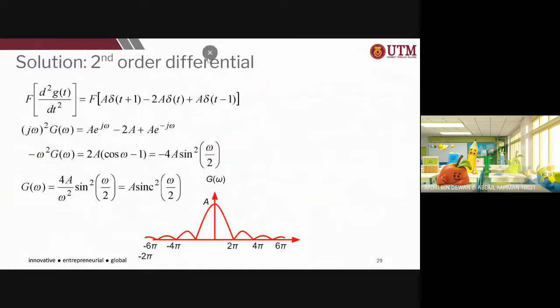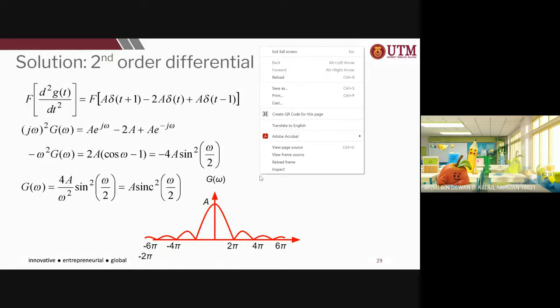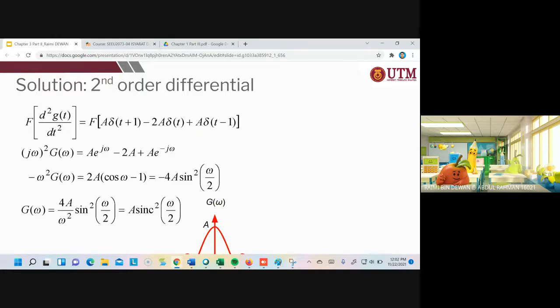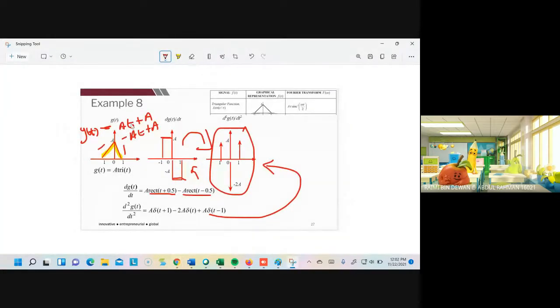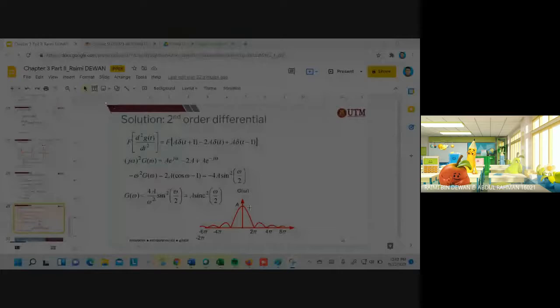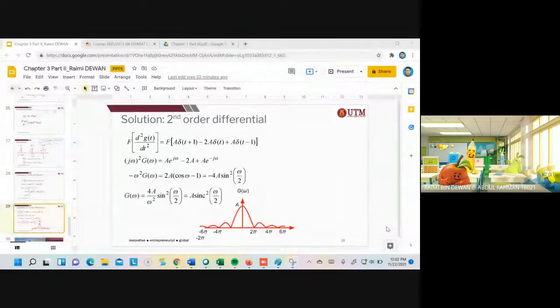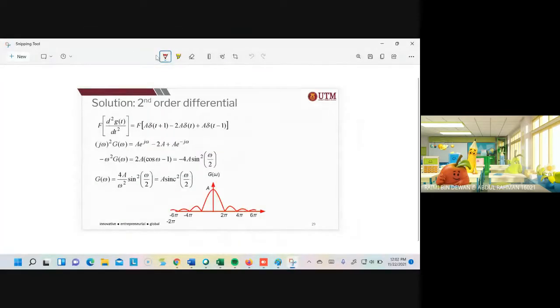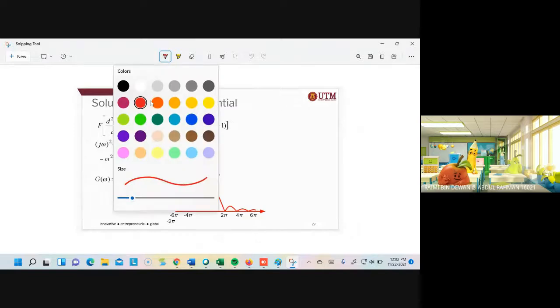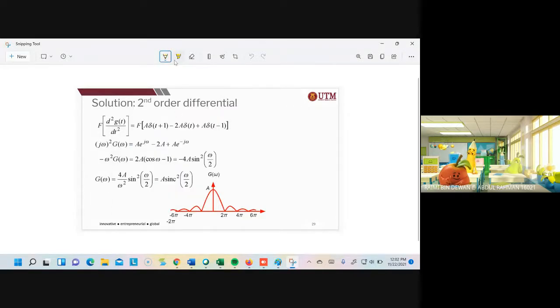Okay, second order. When we do the second order differentiation, this one will be (jω) squared.